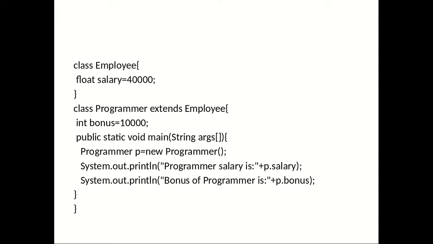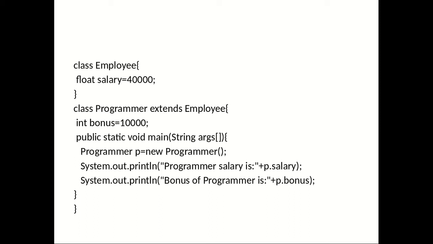Now let's see a simple example. Here a class is available with the name Employee. The salary for an employee is fixed. Then we can create another category, another class, that is Programmer. A programmer is also an employee, so he will get the basic package from Employee.